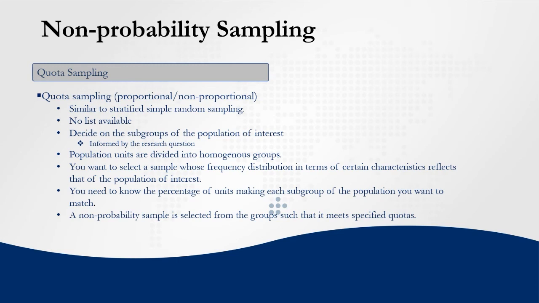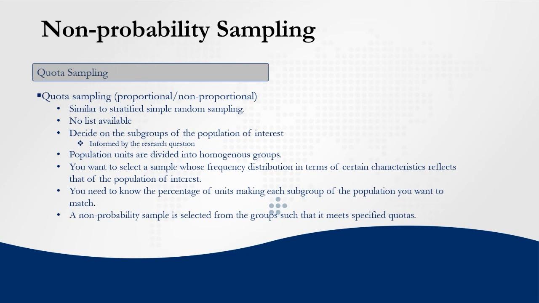If I know that 20% of the university is made up of PhD students, I will ensure that my sample has 20% PhD students. And if 50% is undergraduate, then I will make sure that my sample is 50% undergraduate.